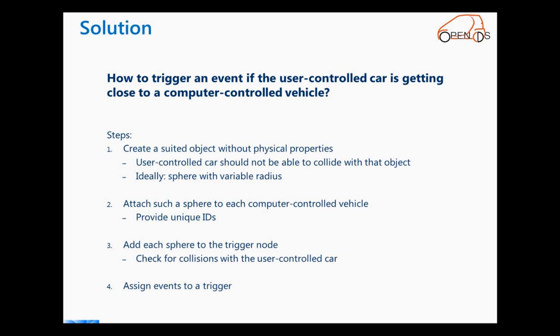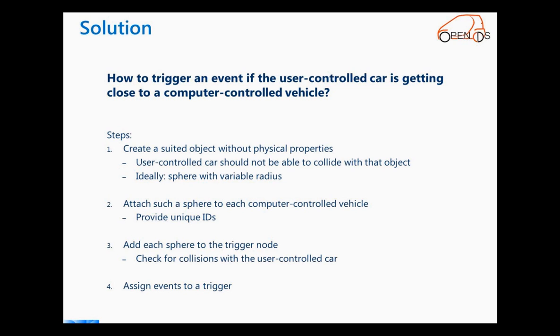However, we should not be able to collide with that object, as otherwise it would lead to a crash and would have an impact on the driving behavior. Thus, this bounding sphere may not be collidable and not visible as well, as we don't want to see boxes moving through our model.